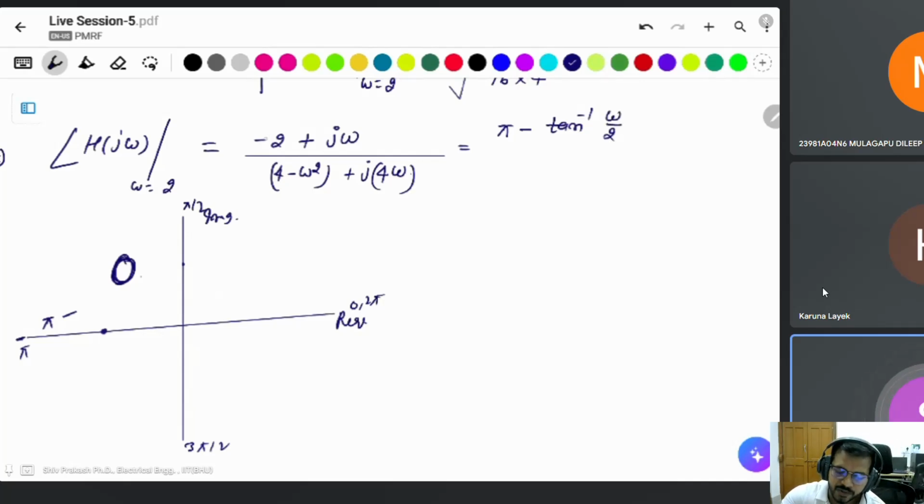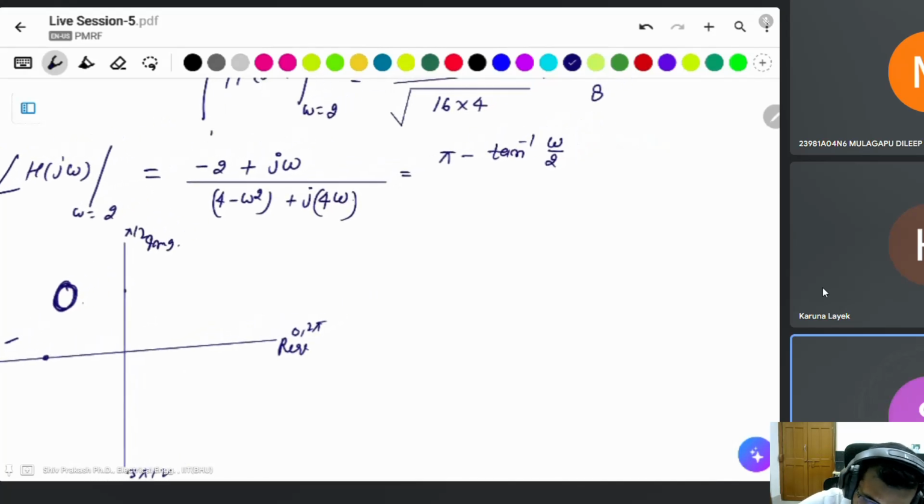This angle will be minus of pi minus something. In the denominator term, the angle goes to the upper side, and this becomes minus tan inverse of 4 omega divided by 4 minus omega square.